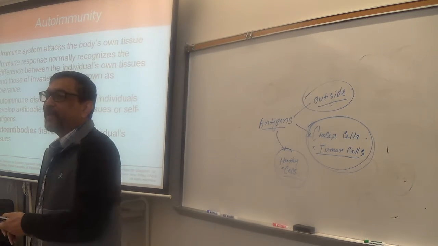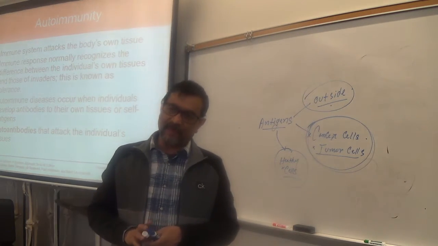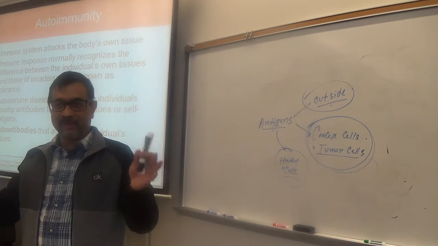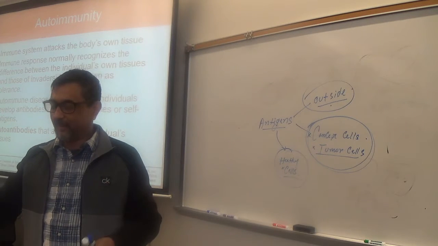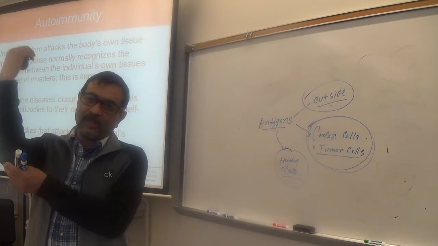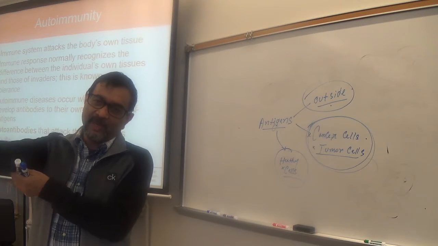And now we know that many diseases are related to autoimmunity. Before we did not know, okay? Diseases were there, but we didn't know the cause. Now we know, for example, rheumatoid arthritis. We didn't know that it is an autoimmune disease, okay?